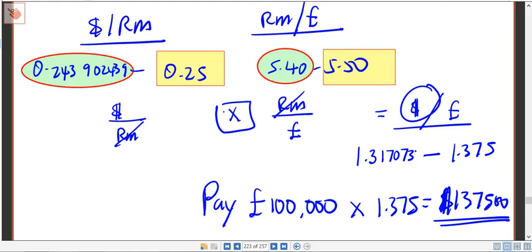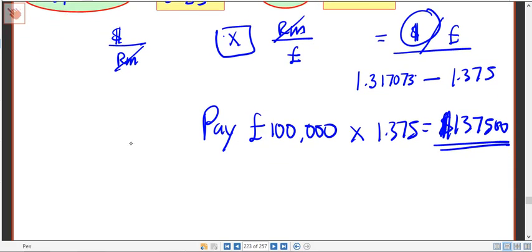Okay, very good. Now, in the exam, if you got twisted, my advice to you is, if they give you a high rate and a low rate, a bid offer rate, you just use the mid rate and cross like the first example. That's it.